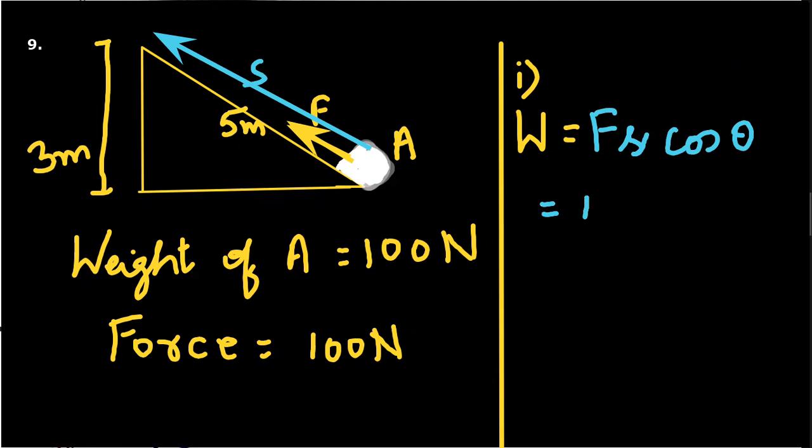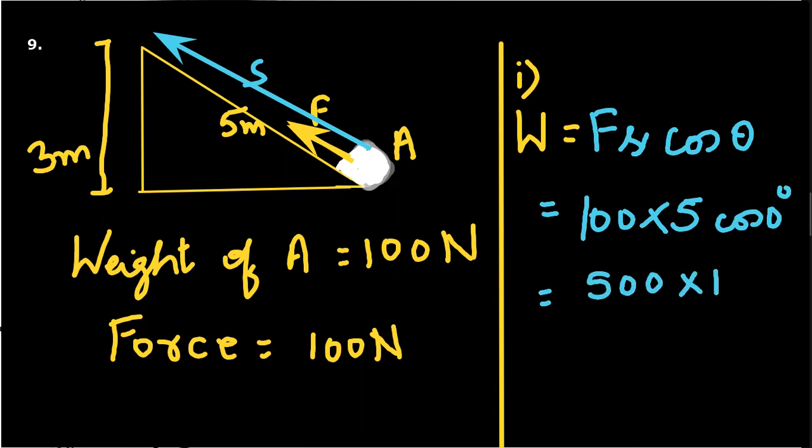Very good. So I'll write down force is 100 Newton, displacement is 5, and cos 0 degree. Cos 0 degree is 1. Excellent. So work done will be 500 multiplied by 1. It becomes 500 joule.